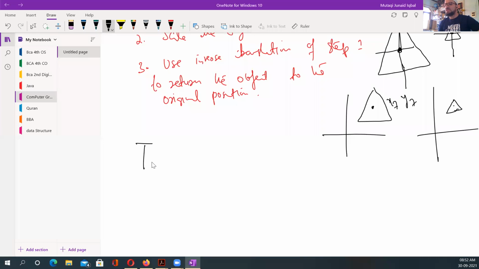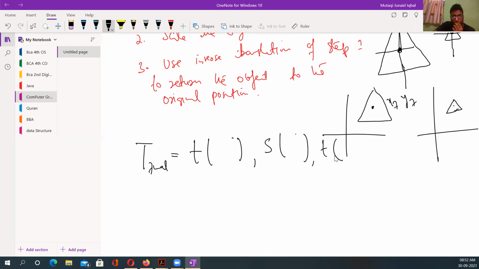So the final transformation, maybe with a capital T, the first is translation. Okay, is it? And then we also have the scaling, using some scaling factor, a scaling factor of x and y. And then we also have a translation.